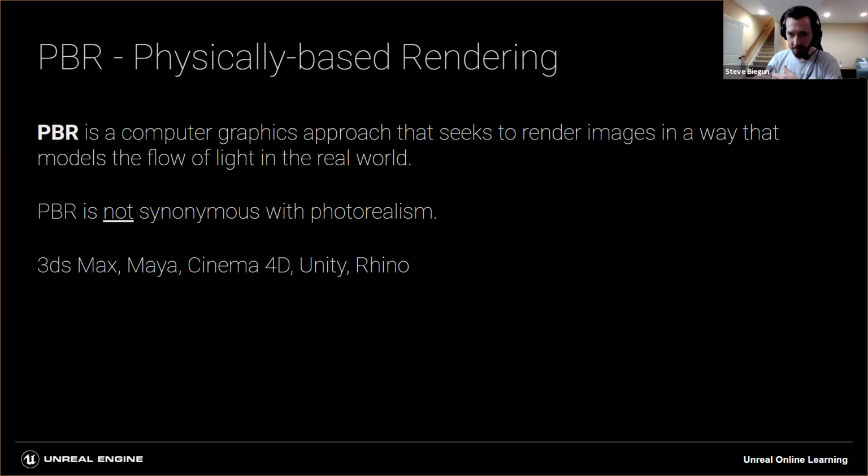Overwatch, Fortnite, they're very stylized and kind of cartoony, but it's still PBR. Really it's just emulating how light works. Even if you have a unicorn flying through the clouds, it still needs to emulate how light works in a realistic fashion. 3ds Max, Maya, Cinema 4D, Unity, Rhino, Unreal, obviously, all use some form of PBR one way or another.